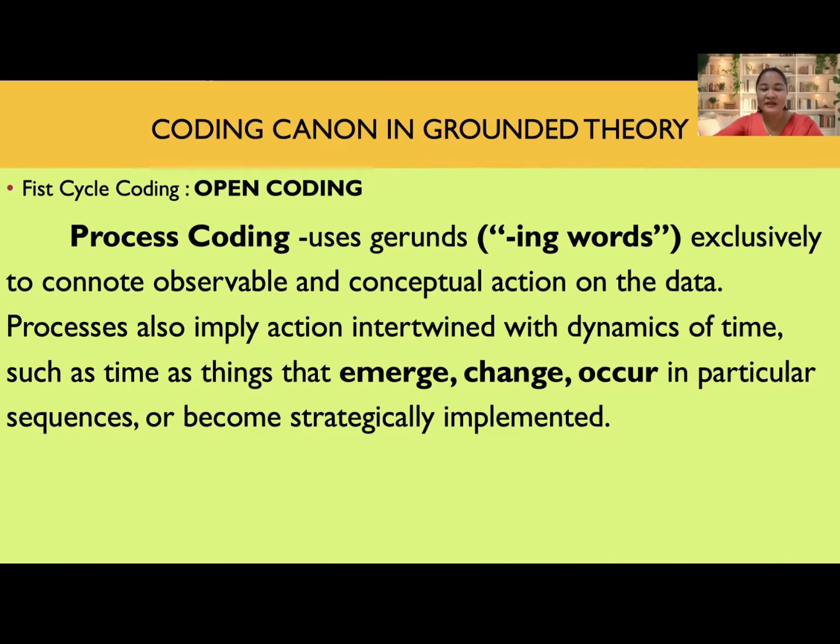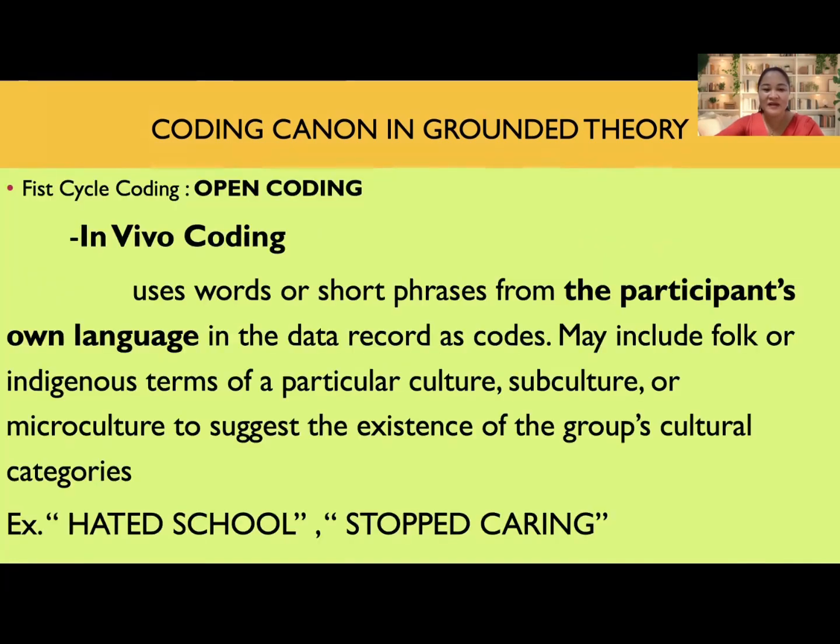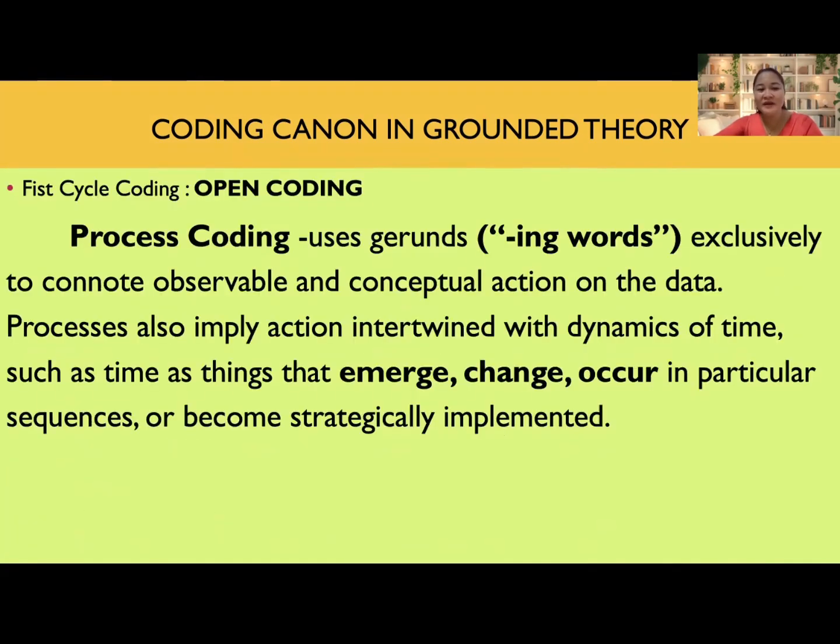Another is process coding, part of open coding. Since there are 3 types of open coding. In vivo, that's the participant's own language. Process coding uses gerunds, like we have ing words, exclusively to connote observable and conceptual actions in the data.